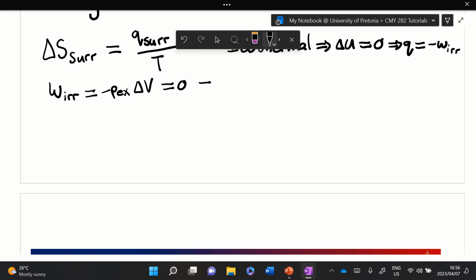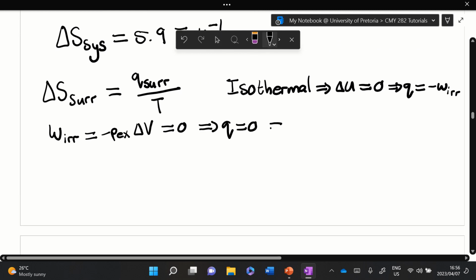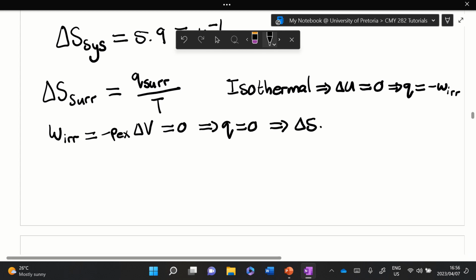So what does that mean for our heat? It means our heat is also 0. So it actually means in this case our entropy change of our surroundings is 0.